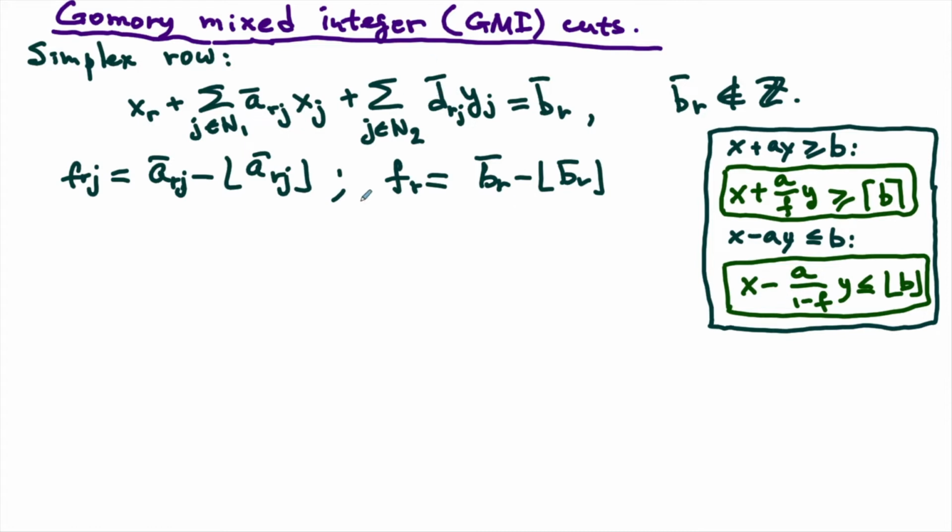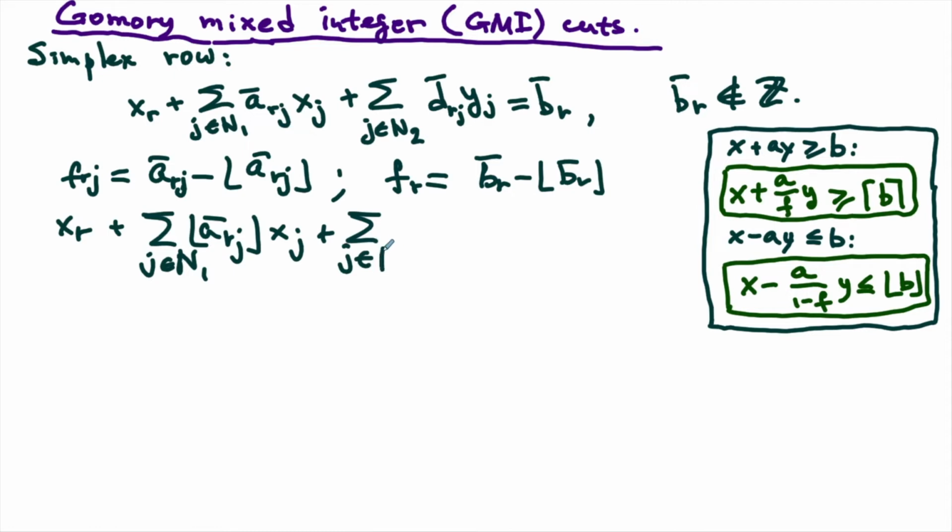Okay, so we can write down xr plus the summation for j in n1 of arj bar, the floor, times xj's, and then plus the summation of all the drj bars yj's equal to br bar.